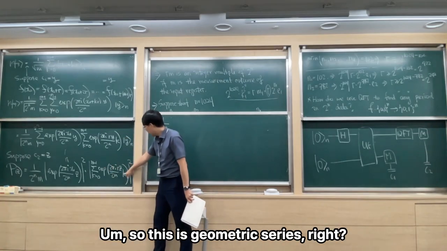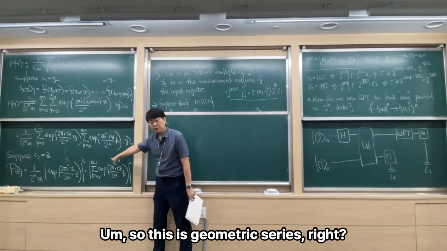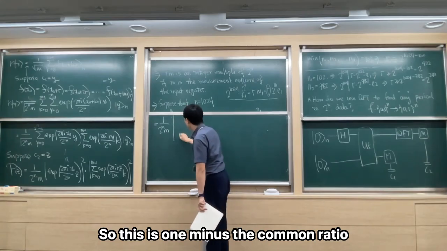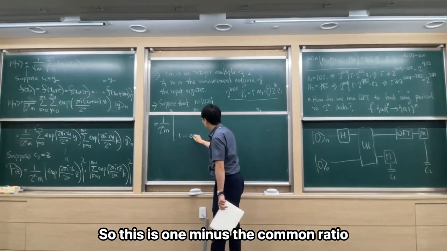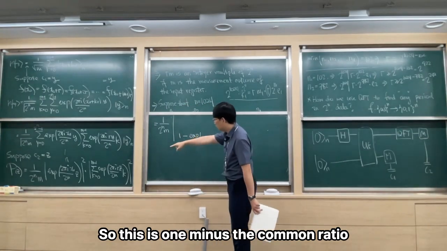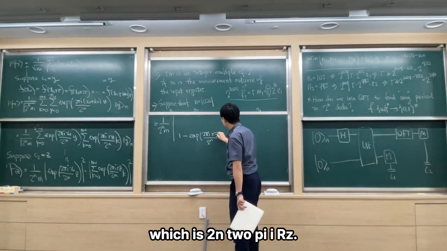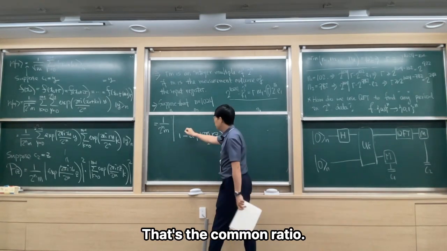So this is a geometric series, right? This is 1 minus the common ratio, which is exponential 2 pi i r z over 2 to the n. So that's the common ratio.